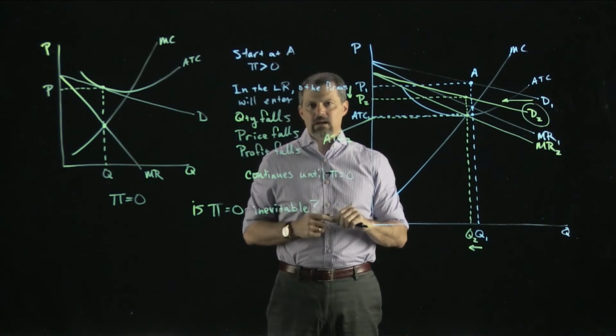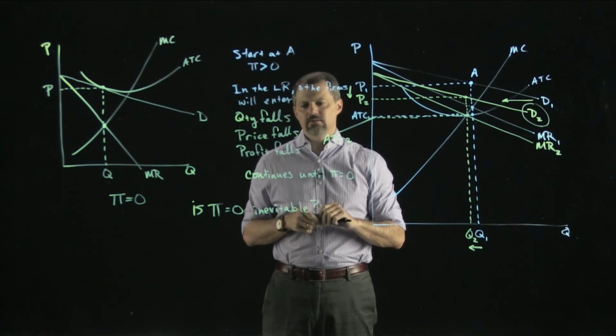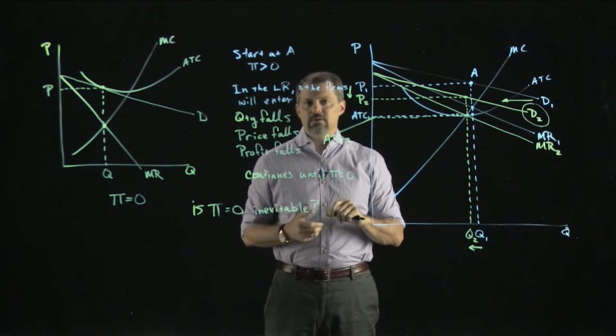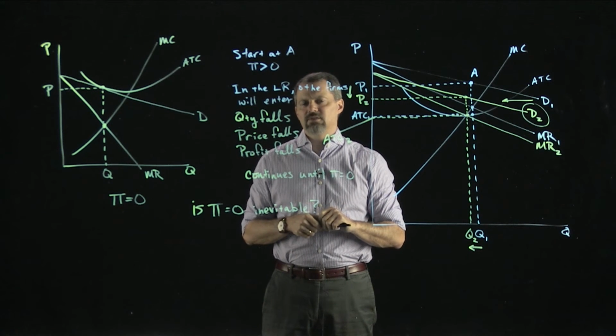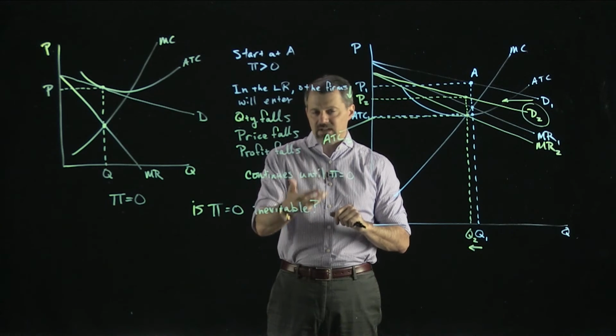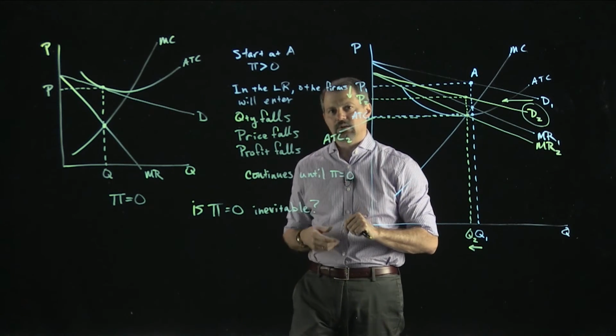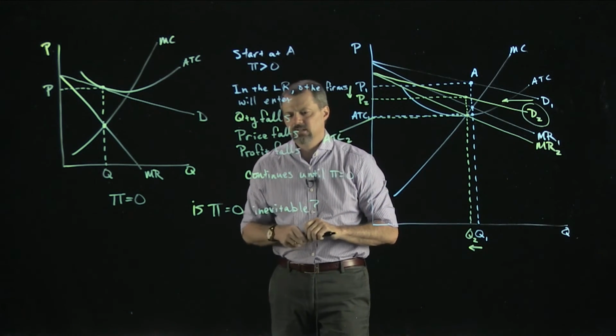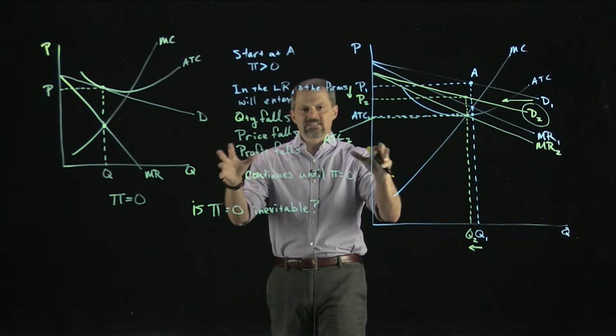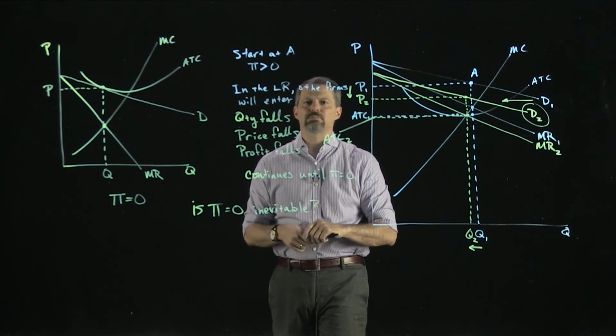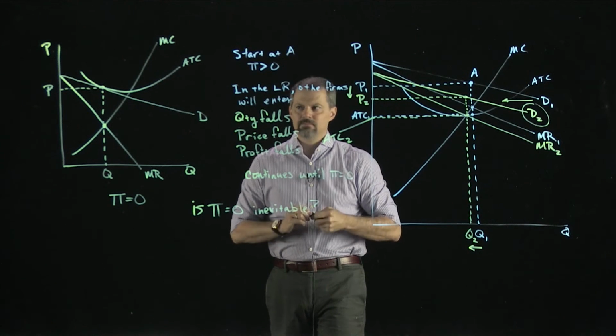Of course, with perfect competition, profit gets driven to zero. Profit gets driven to zero with monopolistic competition. We also saw with oligopoly there were times when profit gets driven to zero, even when there are barriers to entry. But let's think about in this particular situation, is profit equal to zero inevitable?